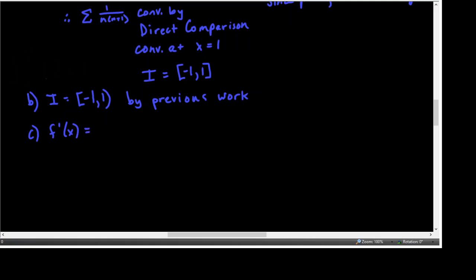So if we take the derivative of the series formulation, this is n equals something, I'm going to remember this time, I don't know what that'll start at, of the derivative of x to the nth over a constant n.